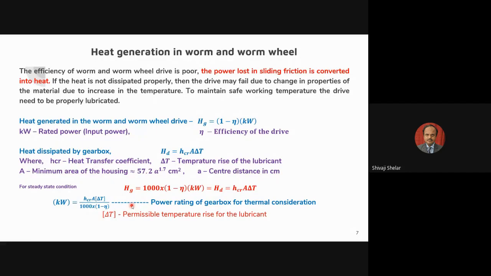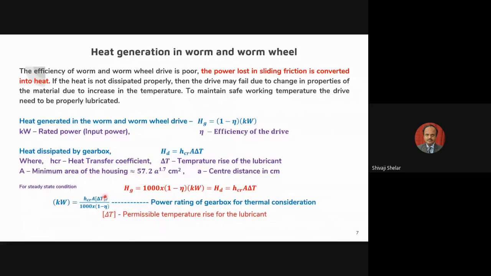So if you are calculating power rating based on thermal consideration, then this is the maximum power you can transfer through that drive, where delta T is, now see, I have used delta T with a square here and simple here. This is the actual delta T and this is your design, the maximum permissible temperature rise in the lubricant.